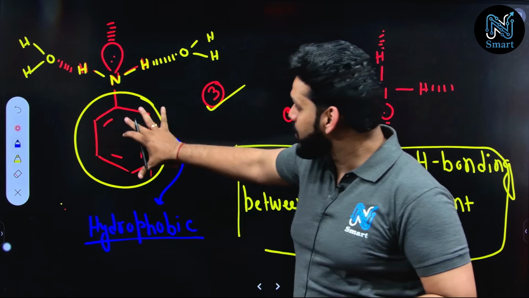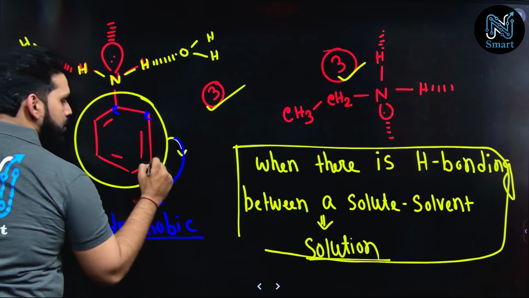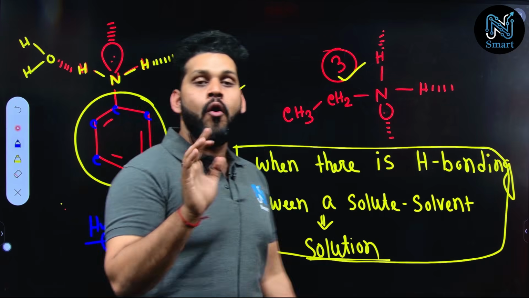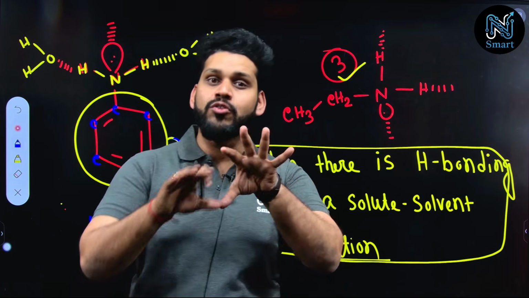So this benzene part, and any carbon chains, whenever hydrocarbon chains are present, they are all hydrophobic. They are afraid of water. Oil is a long hydrocarbon chain, and that is why it's not soluble in water, because it is a hydrophobic part.